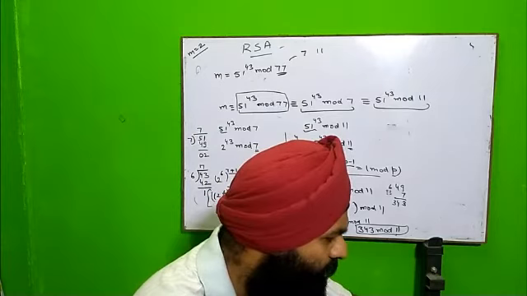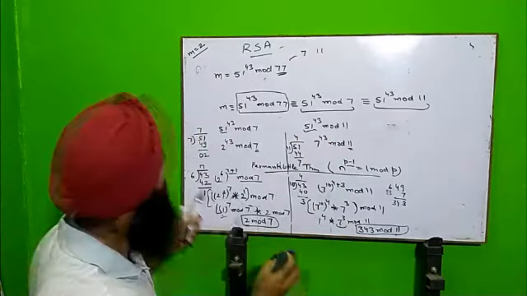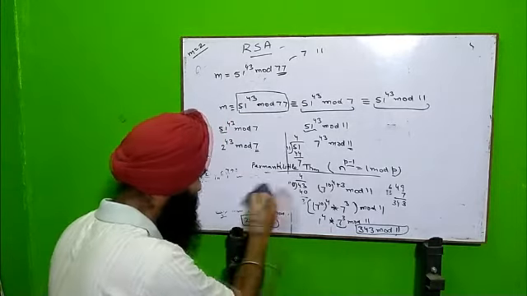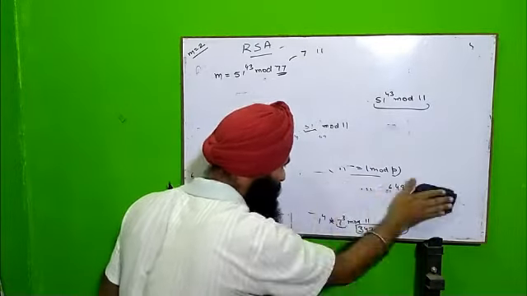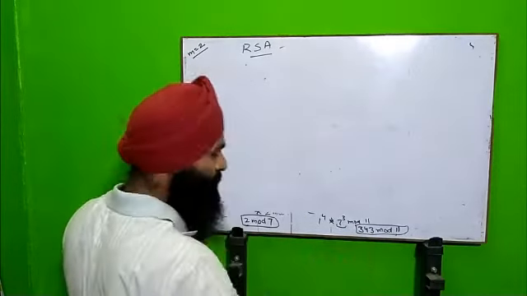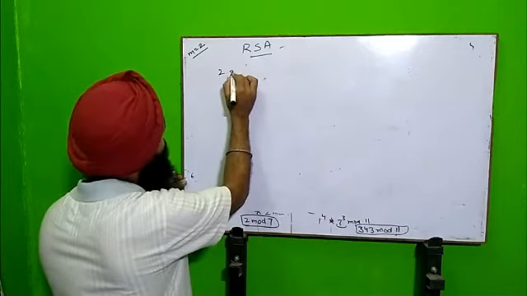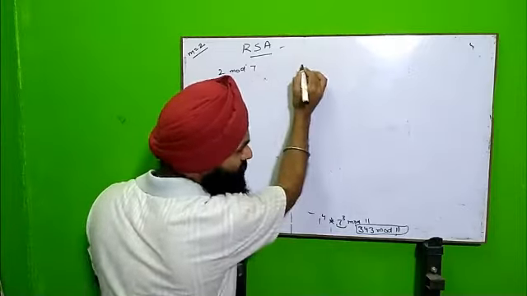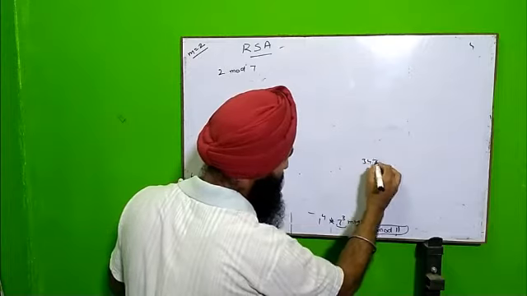Let's erase this to apply the Chinese remainder theorem on these two equations. So we have 2 mod 7, and let's solve 343 mod 11.